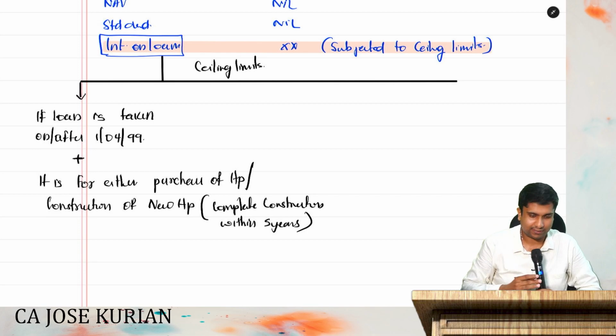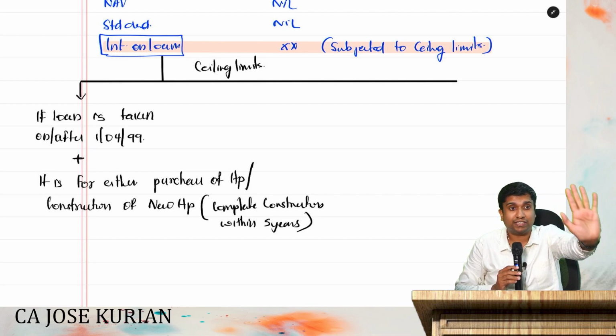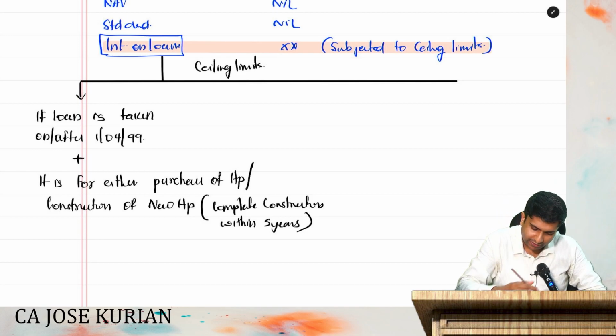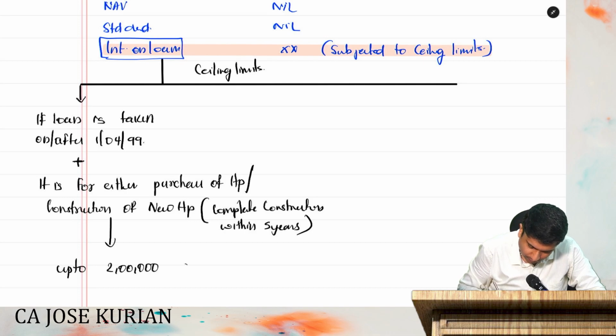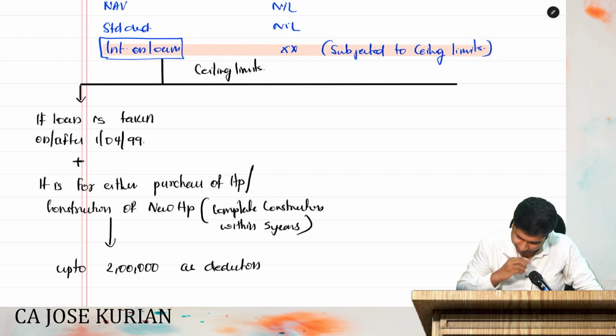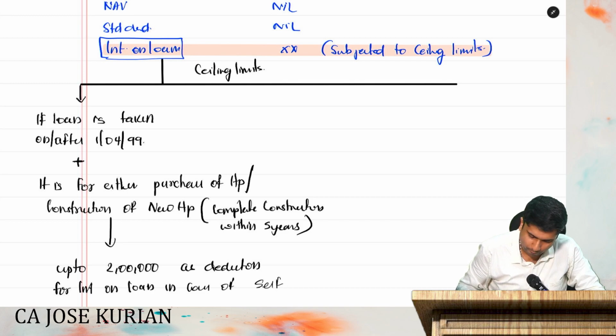You can straight away purchase. In the case of construction, you need to complete your construction within 5 years. In this case, you can claim up to 2 lakh rupees as deduction for interest on loan in case of self-occupied house property.